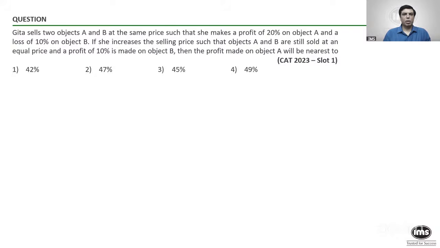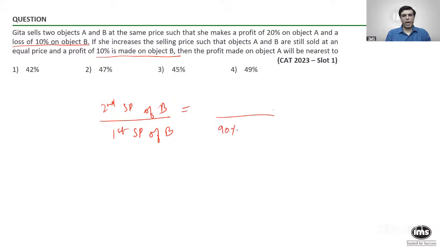If you see, we know the profit and loss on B in both the cases, right? In the first case, B is being sold at 10% loss. So if I write the selling price of B, it is being sold at 10% loss, which means it is being sold at 90% of cost price, right?